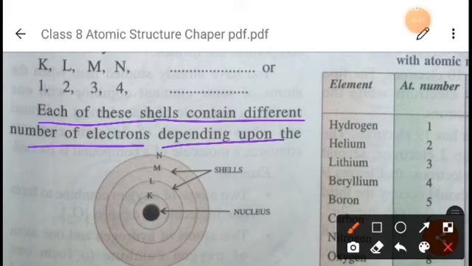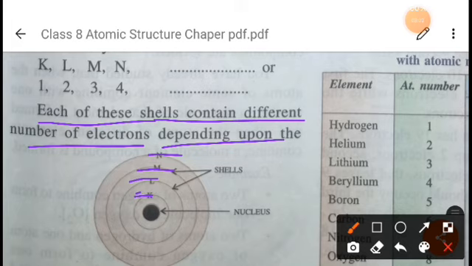Means each shell, this K shell will have a different number of electrons, L shell will have a different number of electrons, M shell will have a different number of electrons, and this N shell will also have a different number of electrons. Means every shell contains a different number of electrons, right?